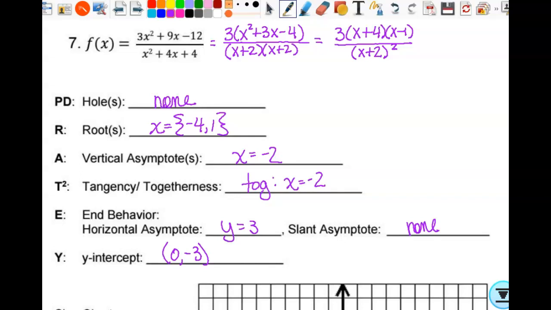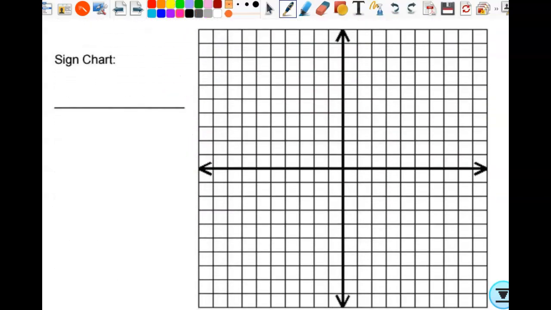All right, so I'm going to scroll and we're going to rewrite our factored function here. So f of x is equal to, I don't have the right, we're on number 7. Right? Okay. 3 times x plus 4 times x minus 1 over x plus 2 squared.